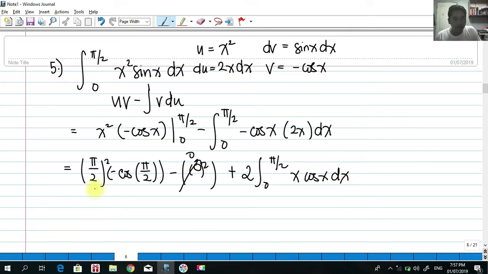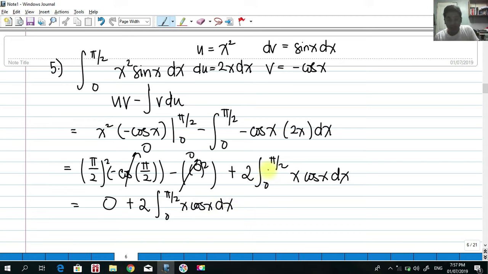Pi over 2 squared is pi squared over 4, but the cosine of pi over 2, or the cosine of 90 degrees, is equal to 0. Any number multiplied by 0 is 0, so this whole term will be equal to 0. And then we're going to integrate again from 0 to pi over 2 this x cosine of x dx.